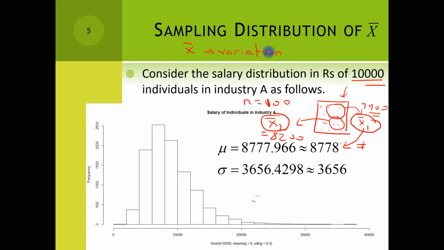So x bar, if you understand it well, can itself now be considered as a random variable, and this is why I was referring to it as a statistic, all right, small letter s. I was referring to it as a statistic because it can also be considered as a random variable.